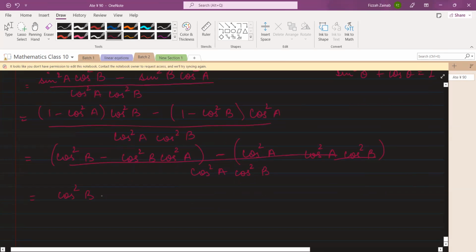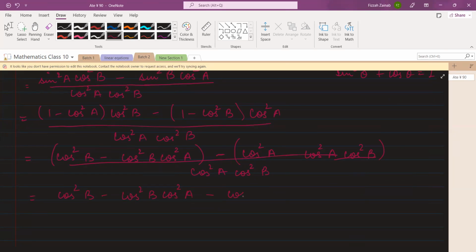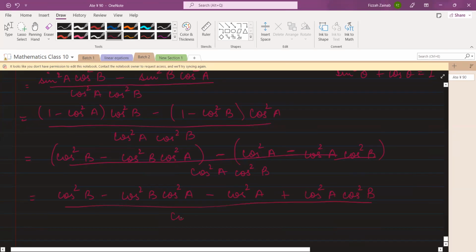So cos square B minus cos square B cos square A, then minus cos square A. Sorry, it was minus, so minus minus will become plus cos square A cos square B, and here you have cos square A cos square B, right?